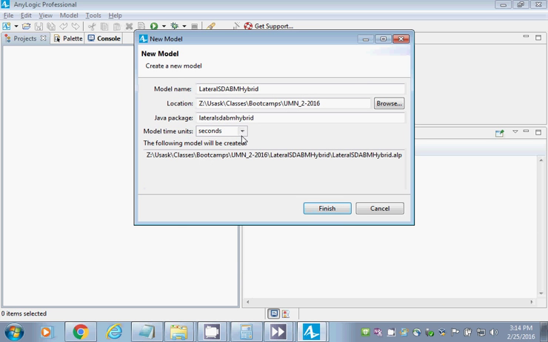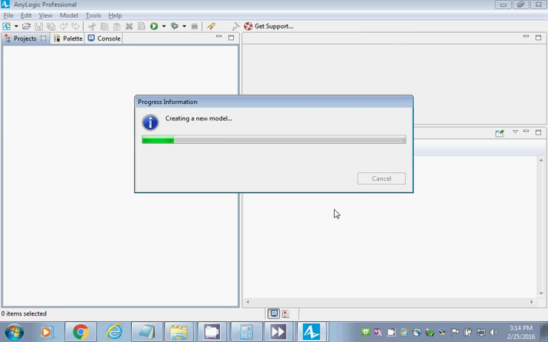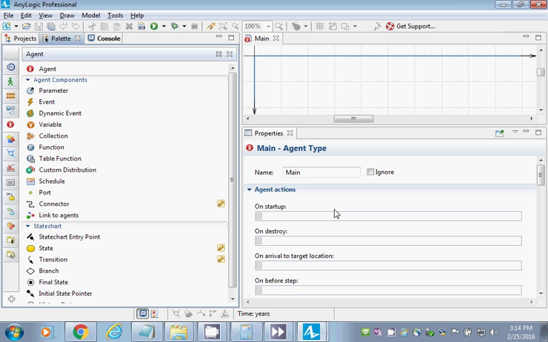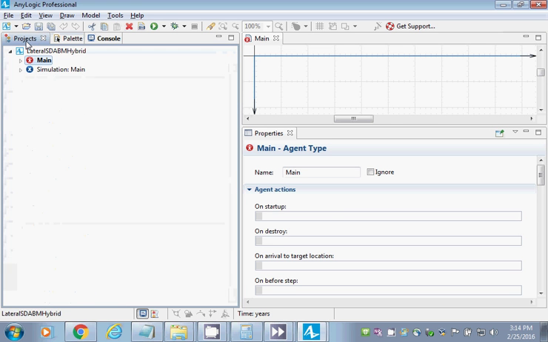Now, the idea behind this, as I say, is that we're going to have system dynamics and we're going to have agent-based modeling, but it's not going to be one within the other, but one sort of upstream of the other. But a given person, conceptually, will flow through both of them. Okay? One at a time. So what I'd like you to do is go, therefore, create an agent type called person.